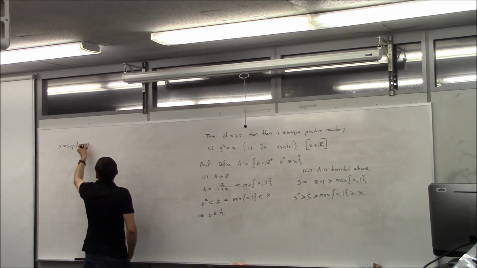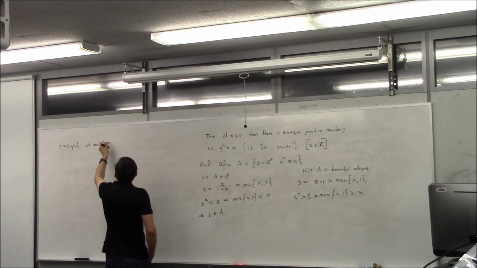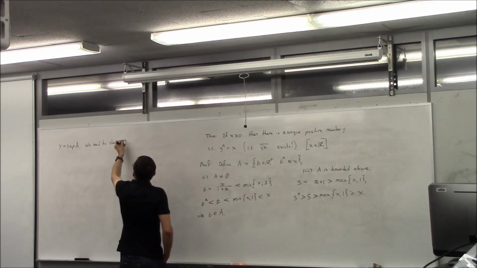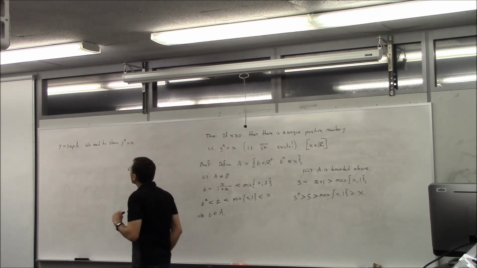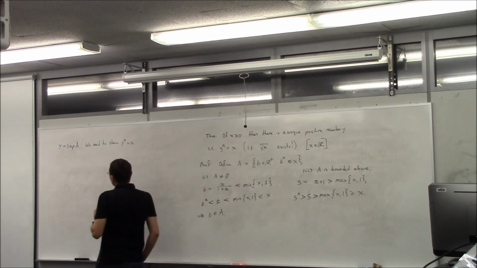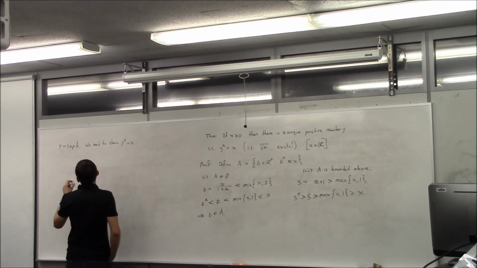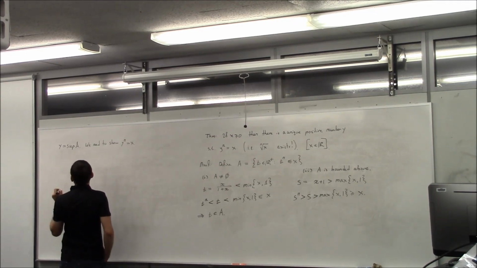We need to show y to the n is x. So what we're going to do is, we know that this is the supremum. So we're going to do the following.